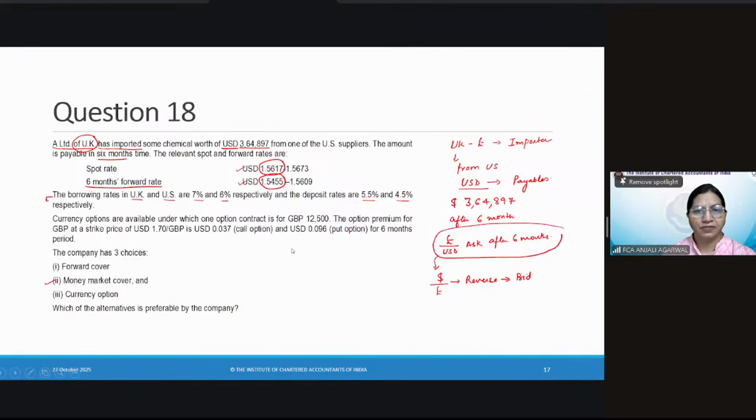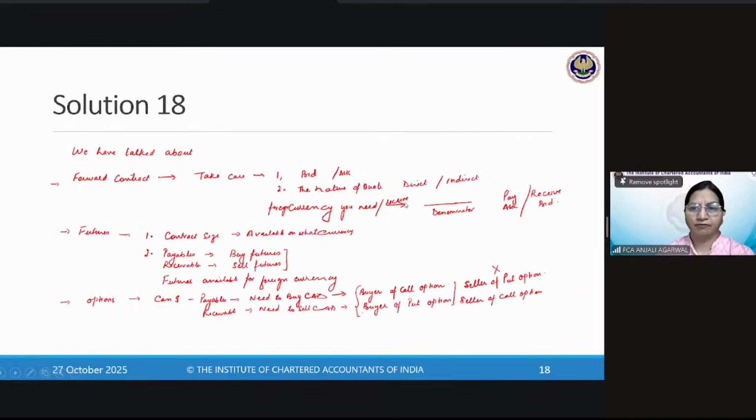What are the deposit rates in US? 5.5 and 4.5, UK and US respectively. So US deposit rates are 4.5.